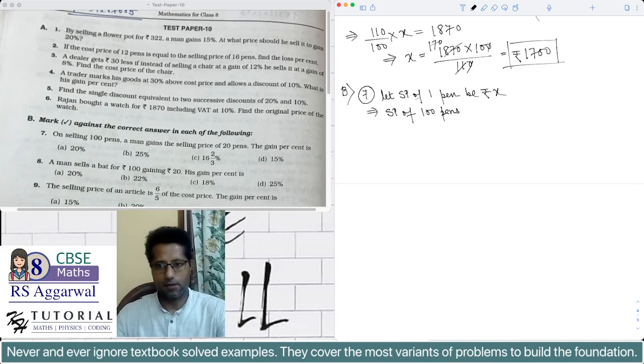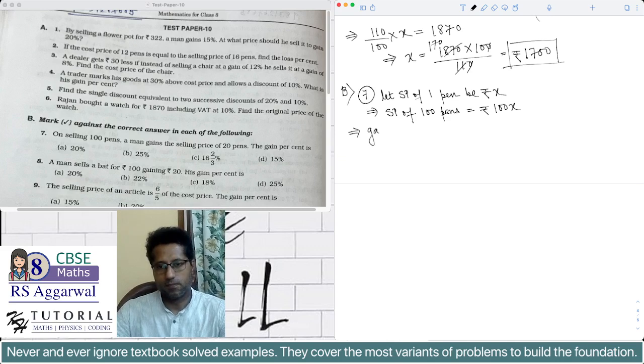So I am assuming the selling price of one pen to be rupees X. So the selling price of 100 pens will be equal to rupees 100X. Now the gain is also given, which is equal to the selling price of 20 pens.